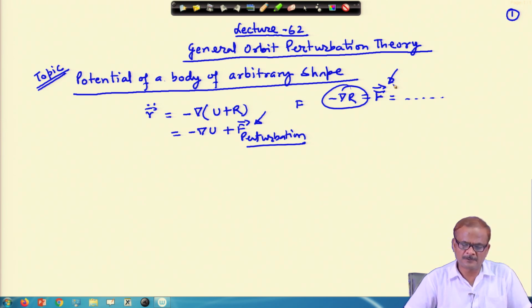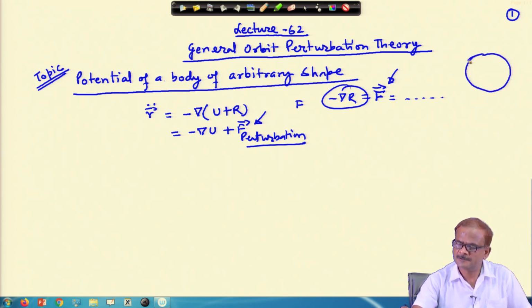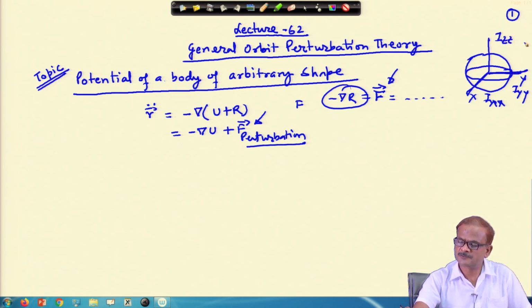We will do it today for an oblate sphere, meaning you have a sphere where the x and y dimensions, the moment of inertia about the x axis and the y axis, are the same, but I z z is not the same.